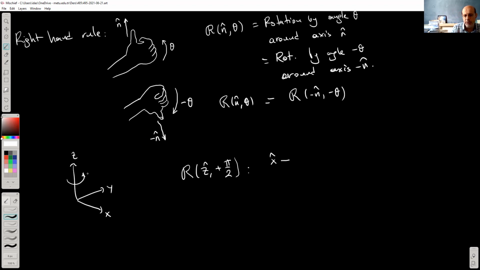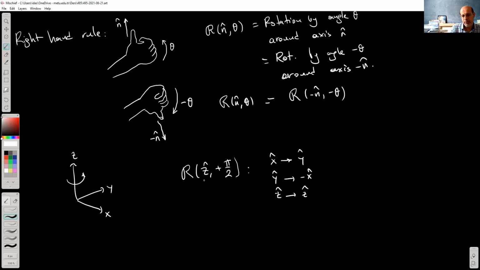You just need to use your right-hand rule carefully. So that transforms x into y, into minus x, sorry, y into minus x, and leaves z invariant, obviously. Okay, think of it like that.